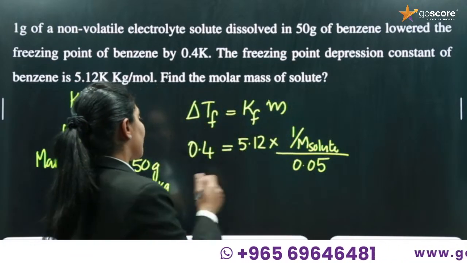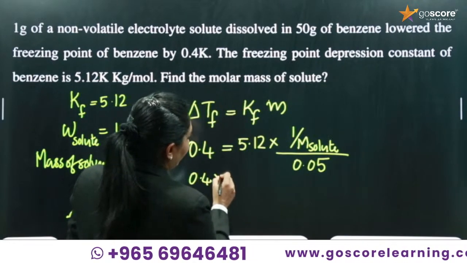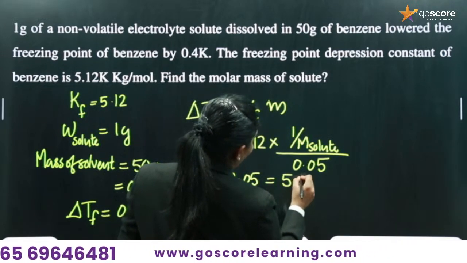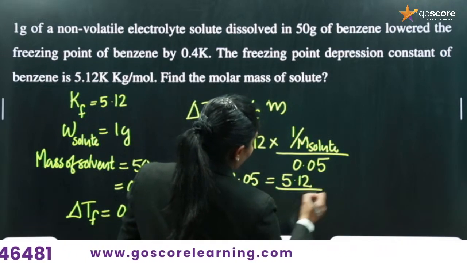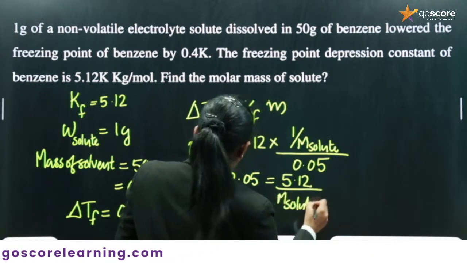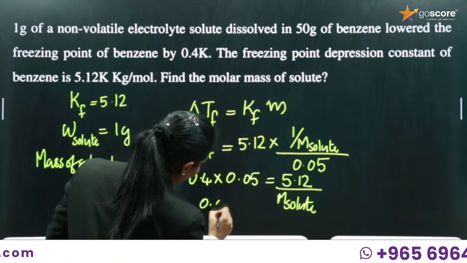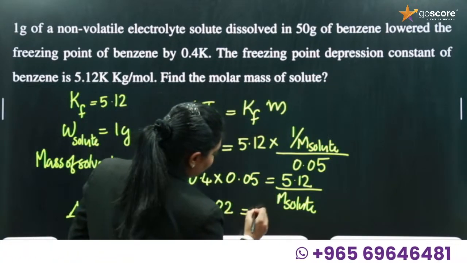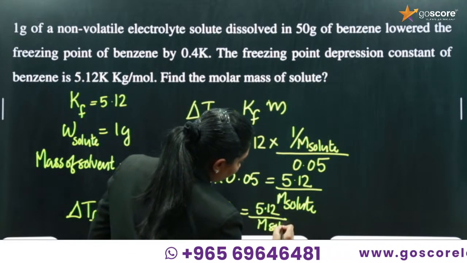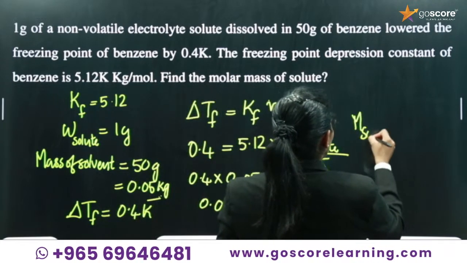So here, 0.4 to 0.05 to 5.12 by our mass of 0.44 at 0.02, right? 0.02 is equal to 5.12 divided by the molar mass of solute.